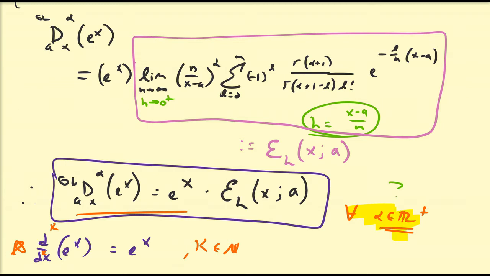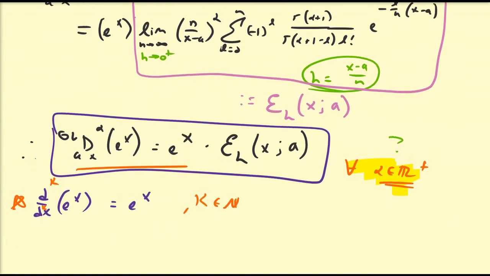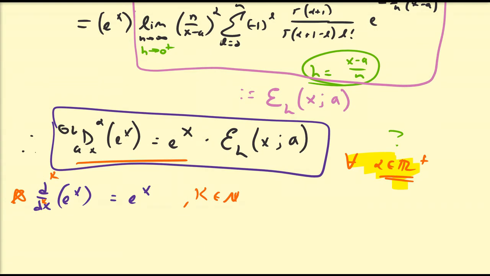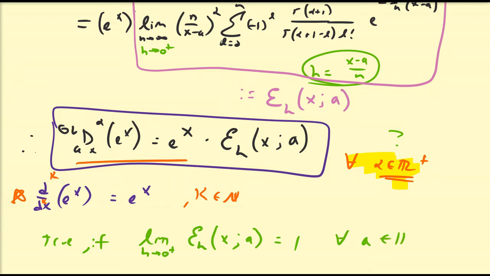Is this true? It is true if the limit as h approaches 0 from the right-hand side of E_h(x) with parameter a is equal to 1. Now, is this going to be true for all base points a?